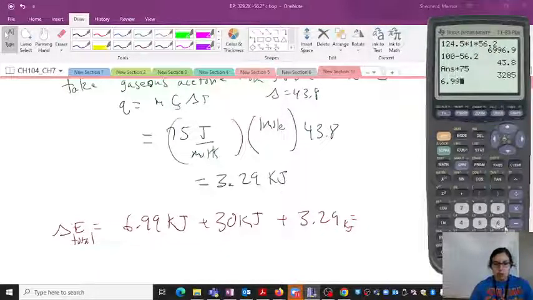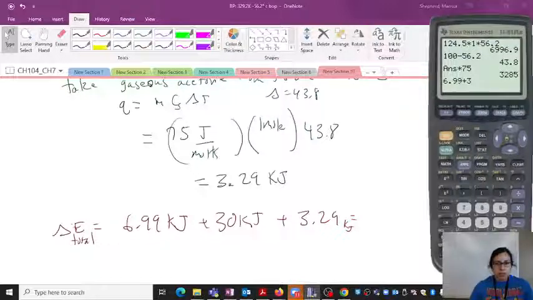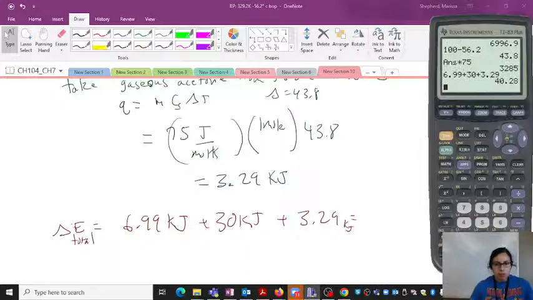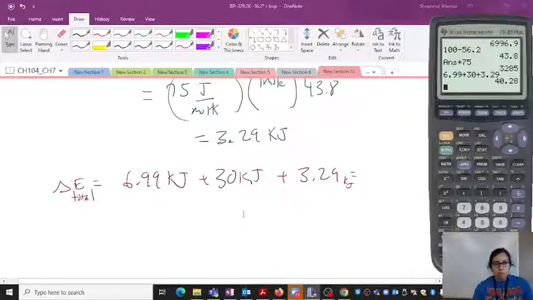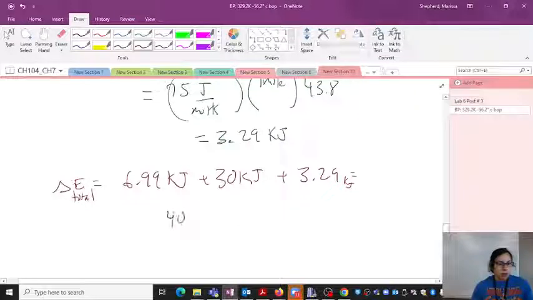So 6.99 plus 30 plus 3.29. So then we should get that the total energy required for this process is about 40.3 kilojoules.